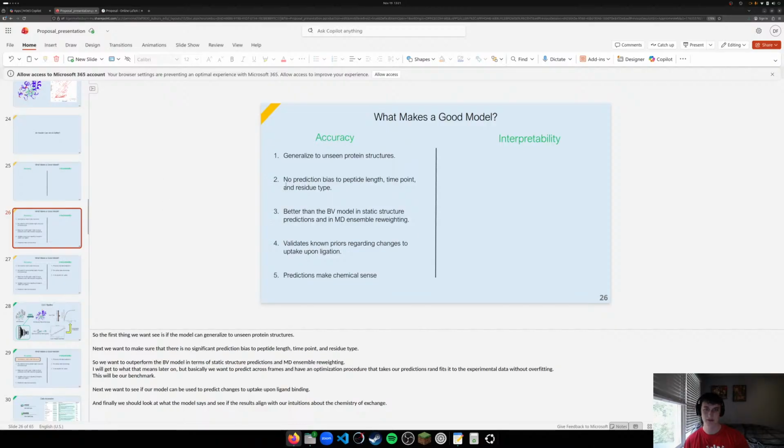I don't know. Why are those three ways to measure bias?